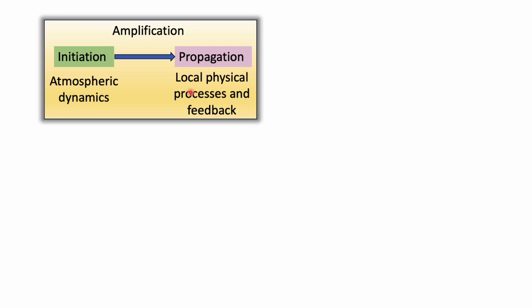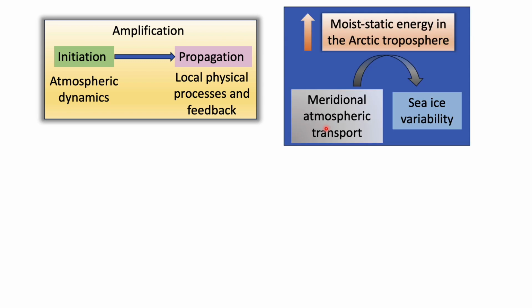That is how the amplification actually progresses. Here the meridional atmospheric transport leads to the sea ice variability, because the wind direction changes, and this increases the moist static energy in the Arctic troposphere. So that leads to increase of temperature.